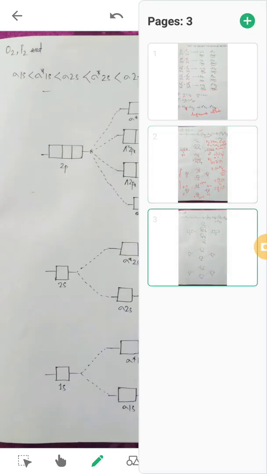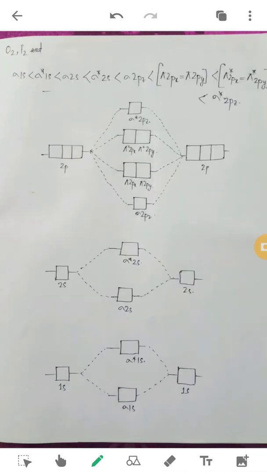That is this one. For oxygen and fluorine, and also neon, we have a similar arrangement of the energy levels of the molecular orbitals, but there is a slight difference here: sigma 2pz comes before pi 2px equals pi 2py, unlike the previous one. There, sigma 2pz had more energy than the pi orbitals.